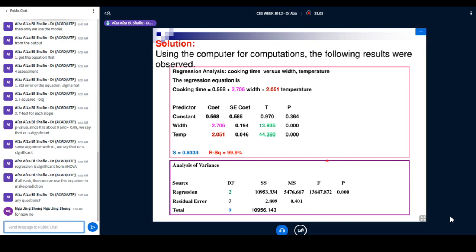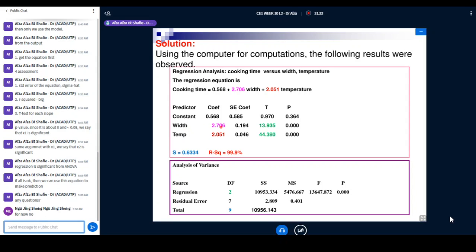I use it straight away. I run it on Minitab, the statistical software. This is what I basically get for the output. From here, this is my constant coefficient, which is my beta naught, so I have 0.568.